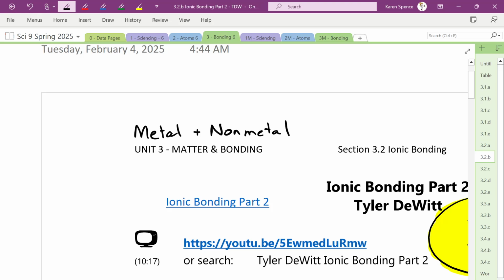A metal plus a nonmetal is what type of compound? Yes, ionic. And if we had a nonmetal plus a nonmetal, that would be covalent.